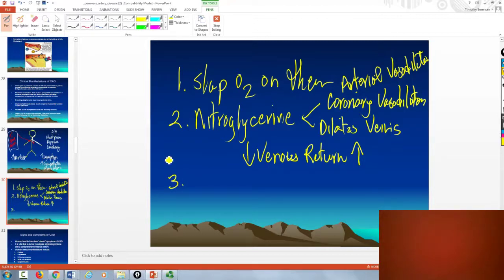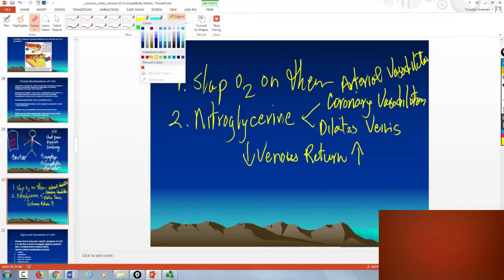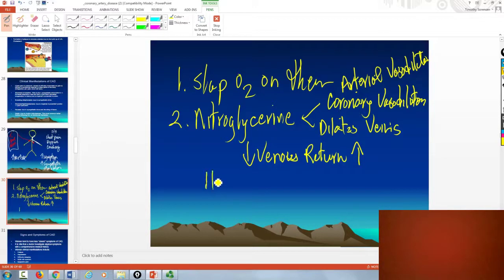So nitroglycerin: a coronary arterial vasodilator, an arterial vasodilator, right, in general, but it also dilates veins, so it decreases preload on the heart, and that's important. The other potential side effects are headache, right?